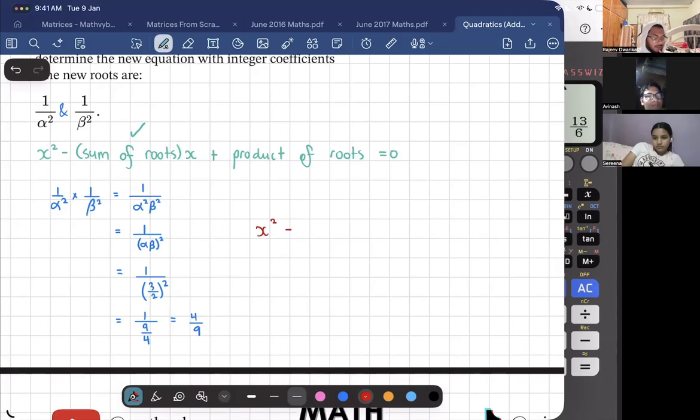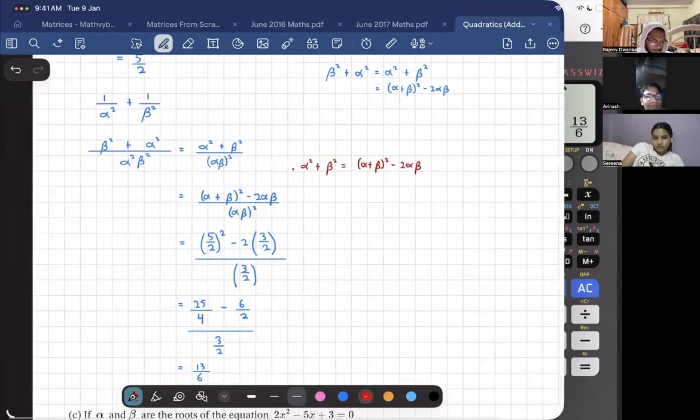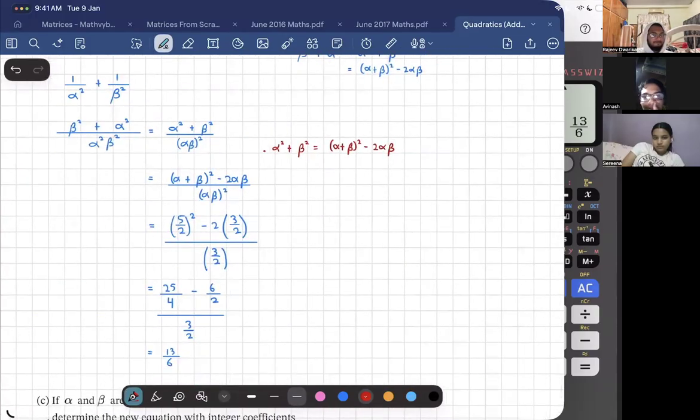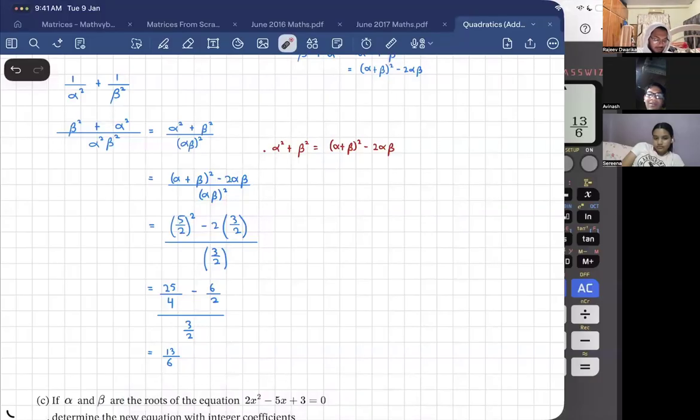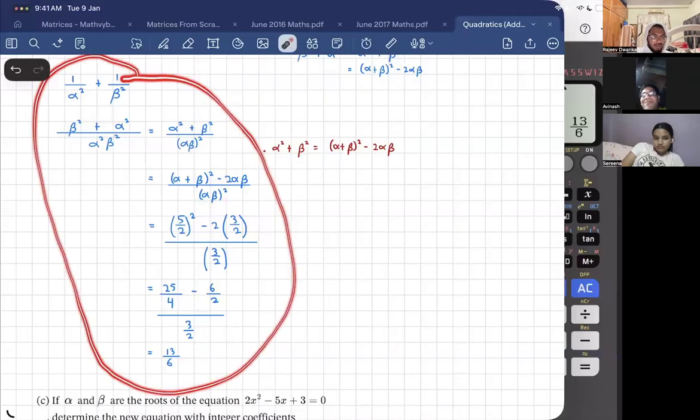Did we find that in the last part? What is 1 over alpha squared plus 1 over beta squared? That was 13 over 6.